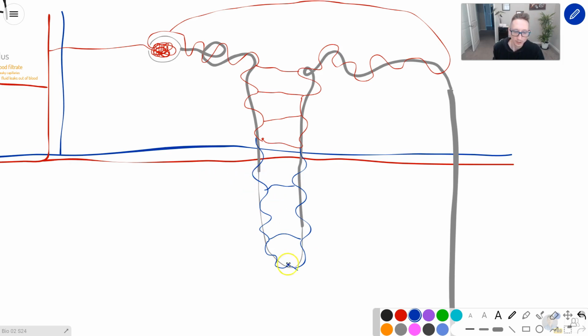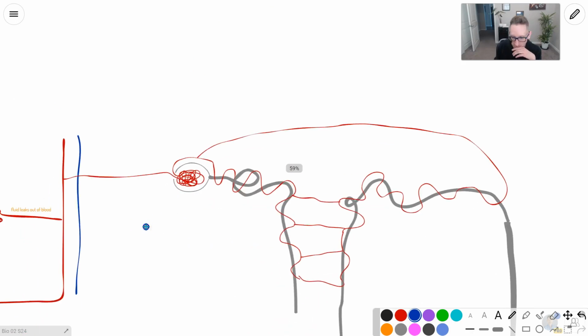Let's say that these then connect back up here, back to this. Let them connect here, more simply. Okay, so the blood is going to flow like this.